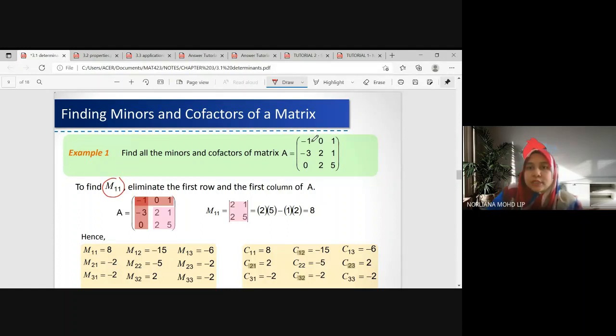So it means eliminate all this. Then we find the determinant of this matrix using AD minus BC. So 10 minus 2 is equal to 8. So it is the minor M11.